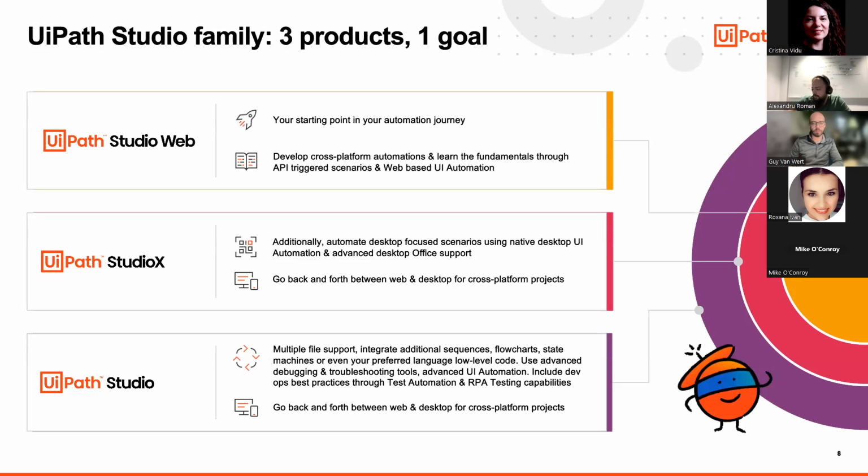I will start with a brief recap about what is Studio Web, which is the newest member to our family of IDEs. It's basically a web version of Studio that allows anyone to write automations in a low code or an easy to use interface without the need to install any application on your machine.